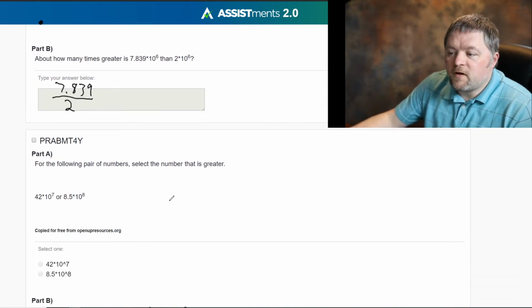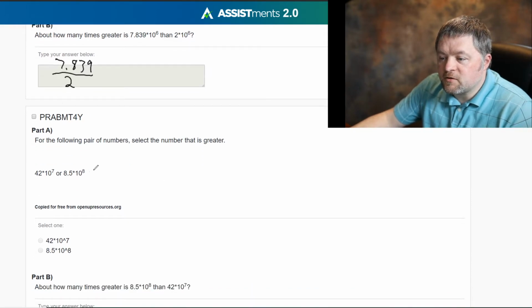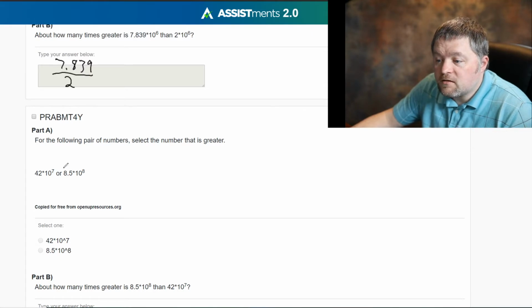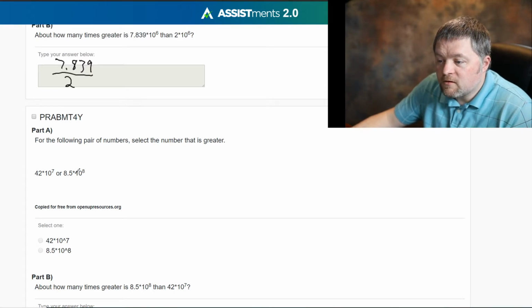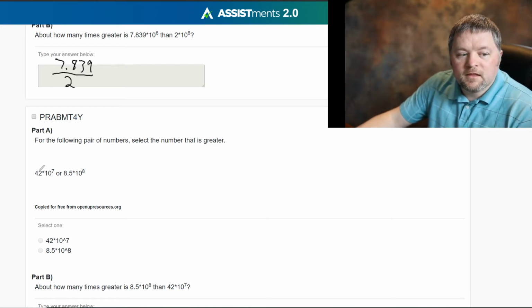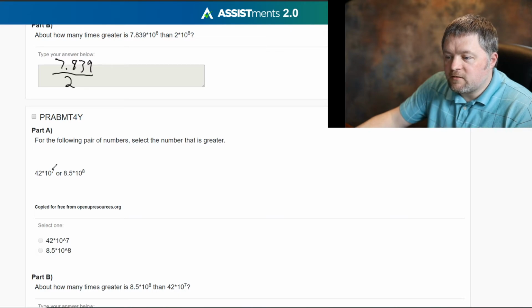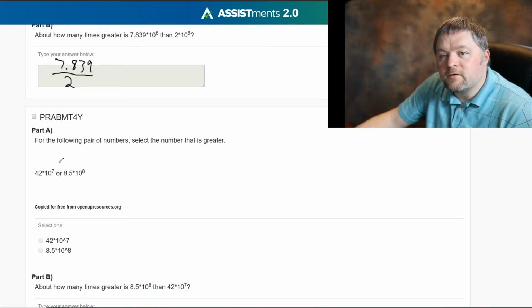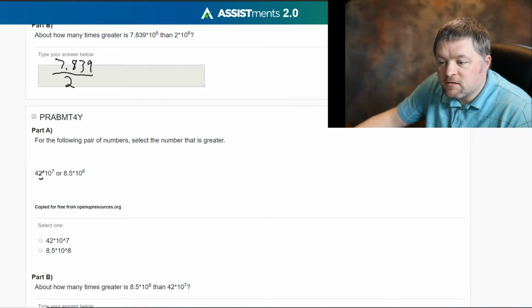Okay, for the following pair of numbers, select the number that is greater. Uh-oh, now we have numbers that are not to the same power for the scientific notation. However, with this number being times 10 to the power of 7, and this one being times 10 to the power of 8, if we want them to both be 10 to the power of 8, we can just move the decimal point on this one spot.